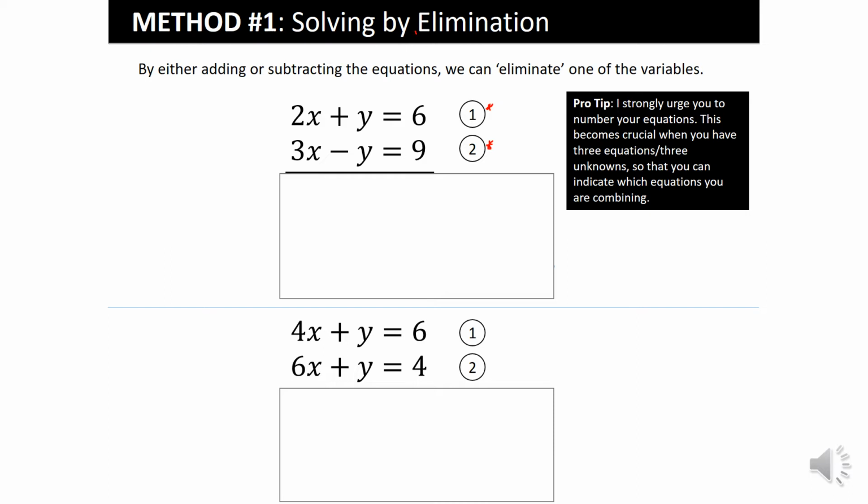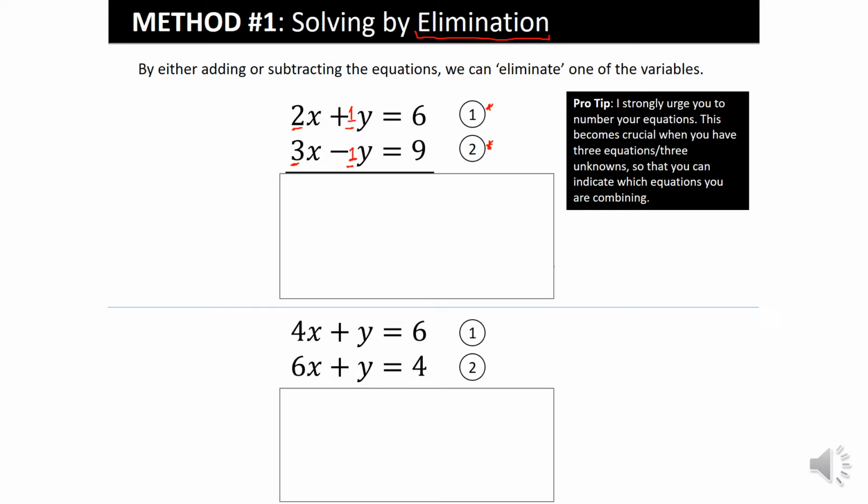Right, so it's called elimination, because what we're going to try and do is get rid of either x or y. So what we need to do is look at the coefficients of x and look at the coefficients of y. In this case, they're both 1. And what we're going to try and do is see, is there a way of subtracting or adding these equations to get rid of either x or y?